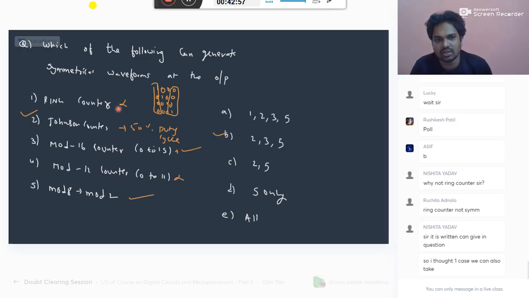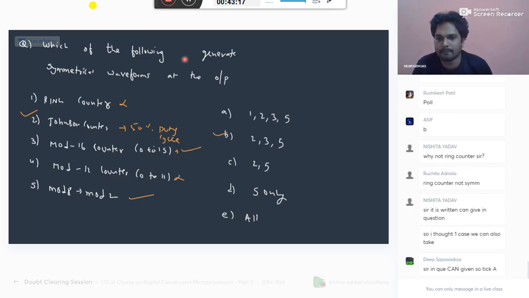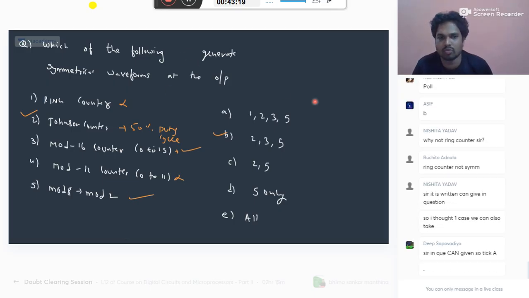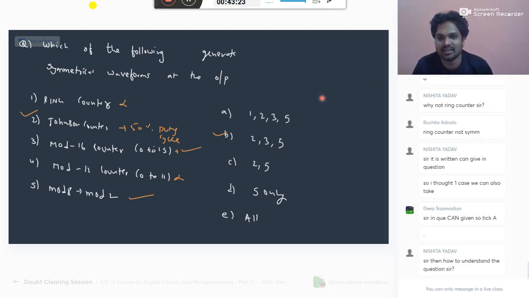Yeah, if the initial value is this, you can do. Only in this case it will happen. In general, not possible. Okay, I removed that.